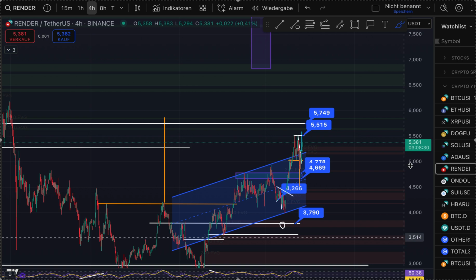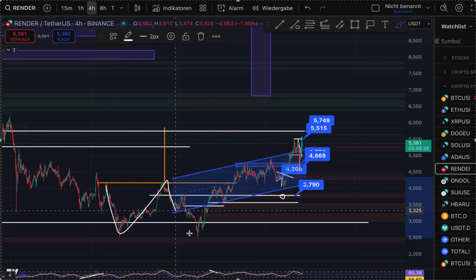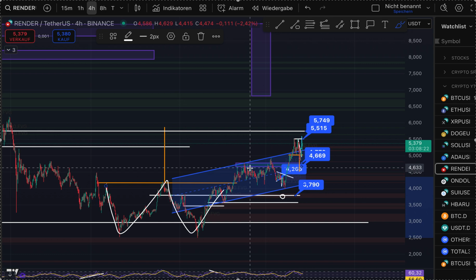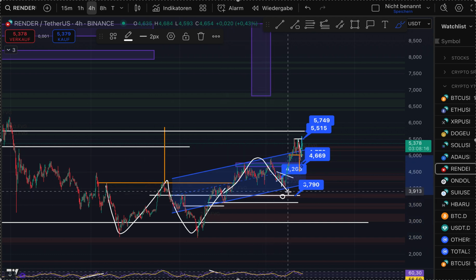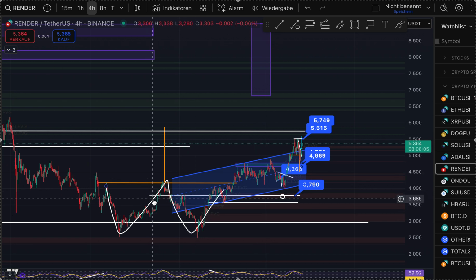And we also had here from the past a double bottom pattern which broke to the upside. I was personally thinking that we get here a bigger pullback and afterwards get into that target even far higher. But it looks like we slowly get into that area.